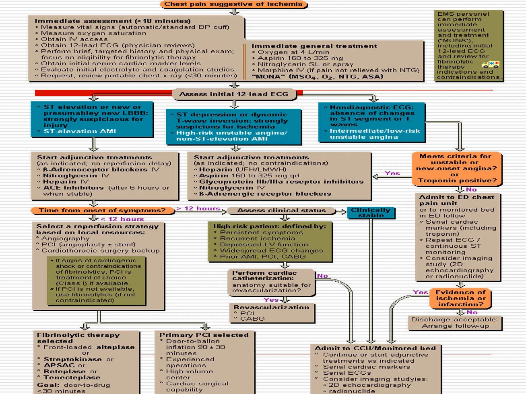and then depending on how long it's been, if it's less than 12 hours, then we're looking at if we're going to do an angiograph, angioplasty, have cardiothoracic surgery backup in case they need to have a bypass. If there's ST depression or dynamic T-wave inversion, that could be an older MI.